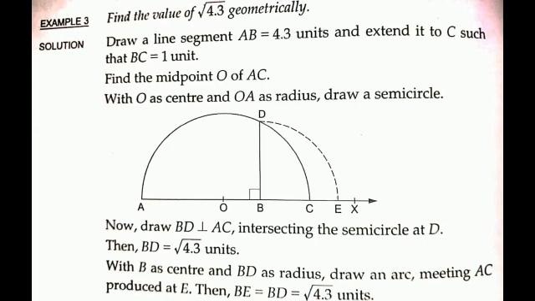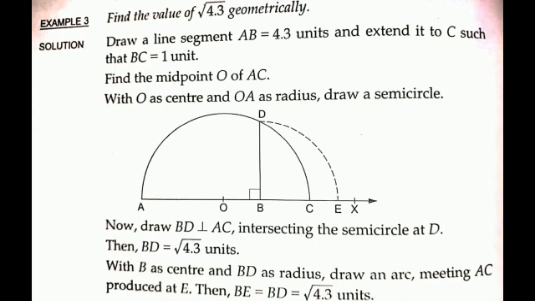Next step, find the midpoint O of AC. With O as center and OA as radius, draw a semicircle as it is shown here. Now draw BD perpendicular to AC, intersecting the semicircle at D. Then BD length is equal to root under 4.3 units.